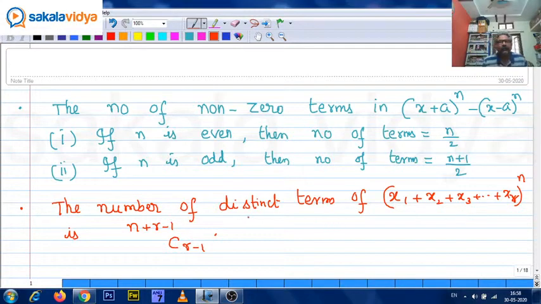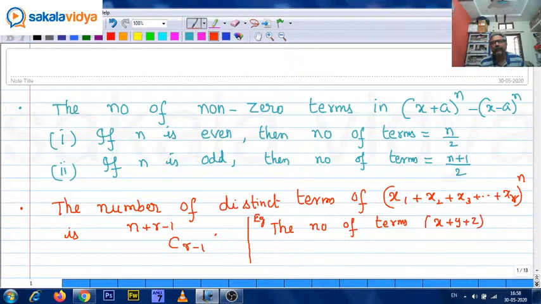For example, one question let me discuss. The number of terms of (x plus y plus z) whole to the power of 10 is, what is the answer?